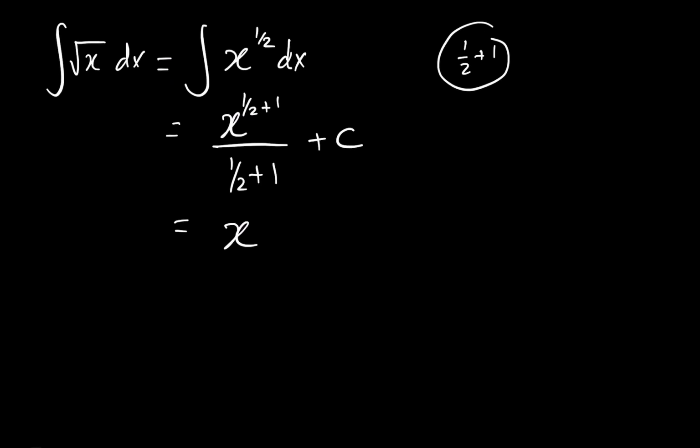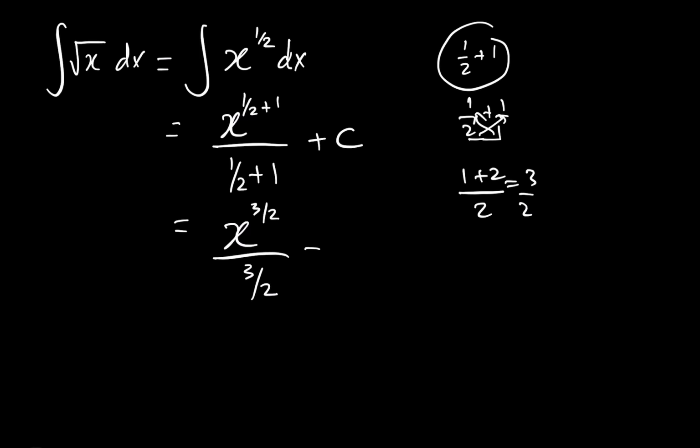It's the same as half plus 1 over 1. This multiplies this, you get 1. This multiplies this, you get 2. Divided by this multiplies this, you get 2. So it's going to be 3 over 2. So the top here is going to be 3 over 2, and the denominator is going to be 3 over 2 plus c. So we're going to have x to the power 3 over 2 divided by 3 over 2 plus c.